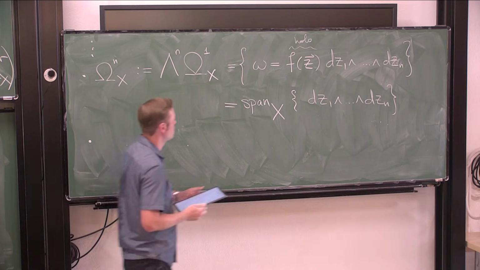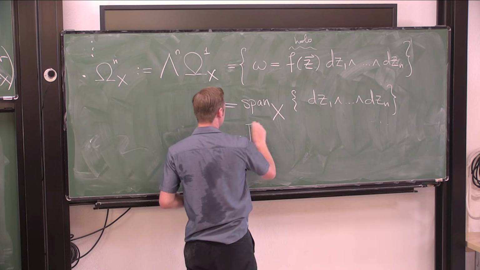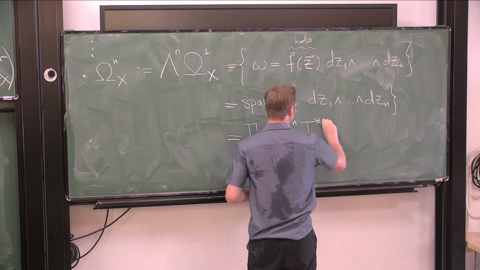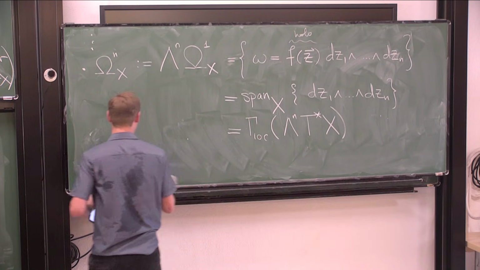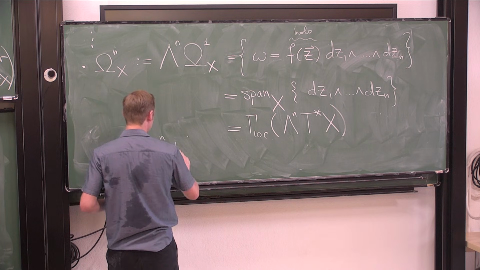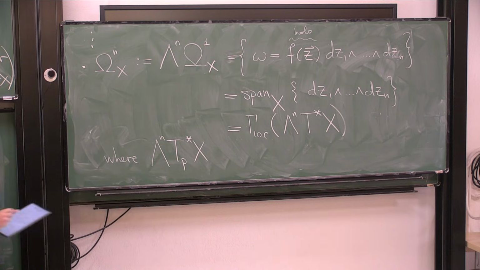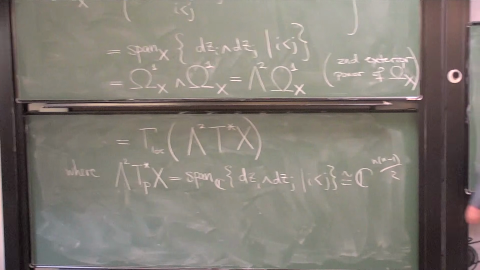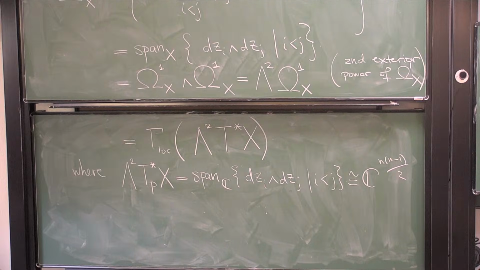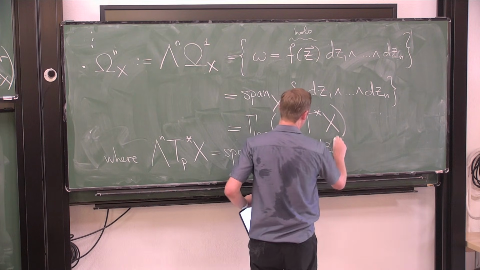So maybe enumerate it like this. Again, these are the local sections of the nth exterior power of T*X, where if I look at the fibers of this exterior power, the nth exterior power of T*_pX, this is the linear span over C of just one vector, which is dz_1 wedge ... wedge dz_n.